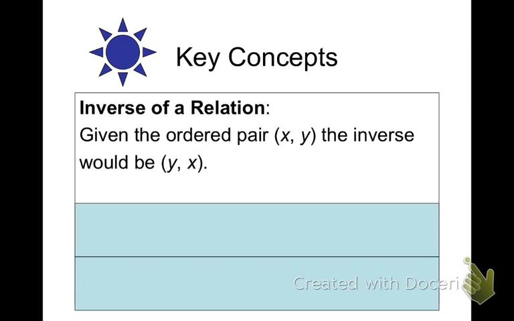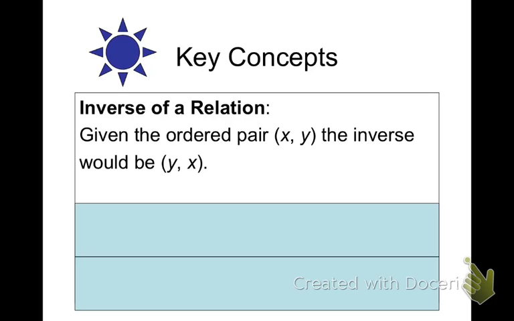all we're doing is focusing on an ordered pair. The inverse would be changing the input and the output into the output and the input. It makes more sense to think about it this way: the inverse of (x, y) would be (y, x).